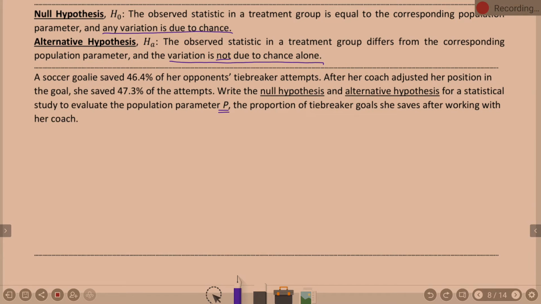I do say they gave me P here, yes? So instead of using mu for the mean, which is what I was using last time with the gas mileage, here we're going to be using P, which represents her proportion of saved goals. We need a null hypothesis and an alternative hypothesis.